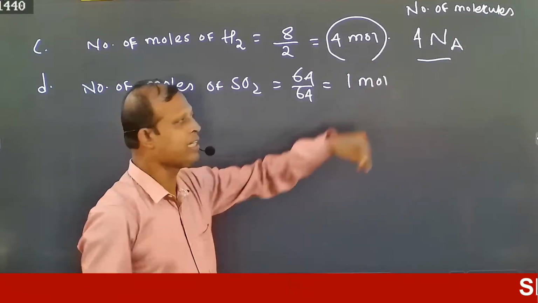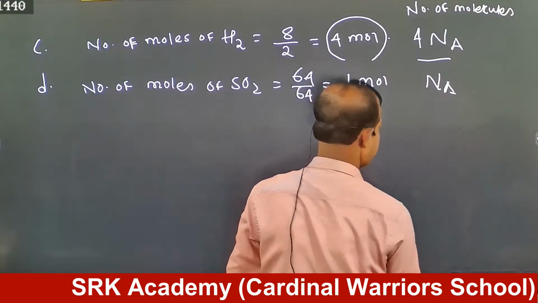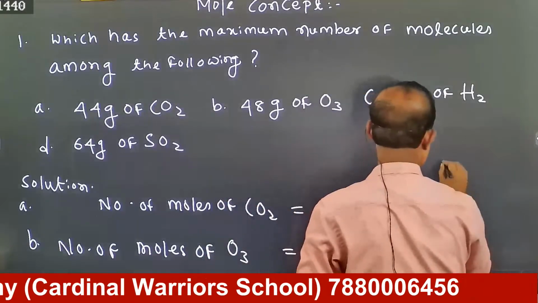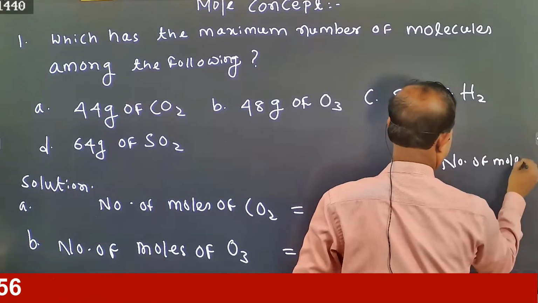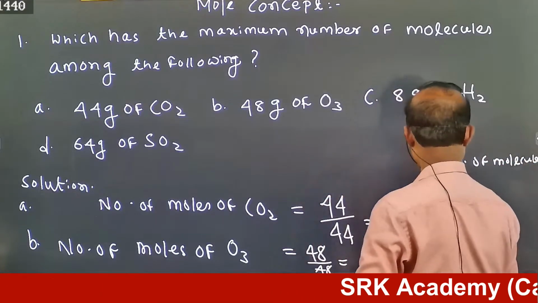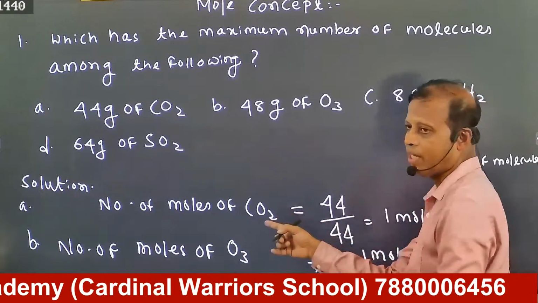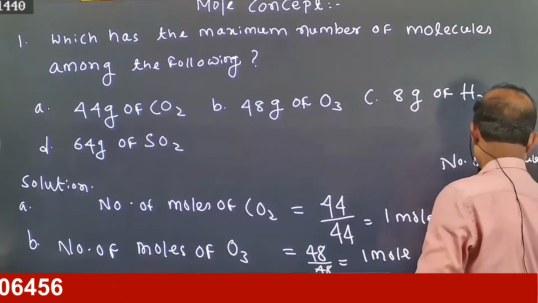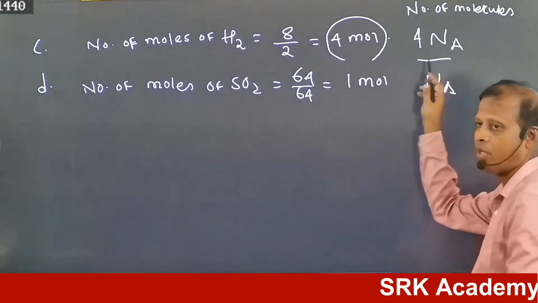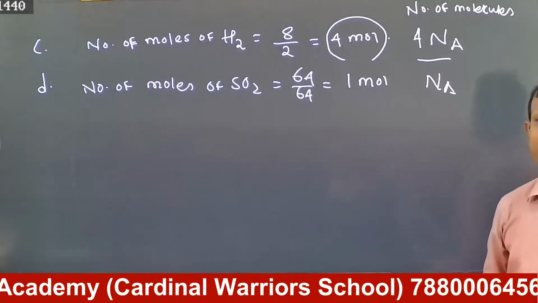1 mole means Na number of molecules of carbon dioxide, Na number of molecules of ozone, 4 Na number of molecules of S2, and Na number of molecules of sulfur dioxide.